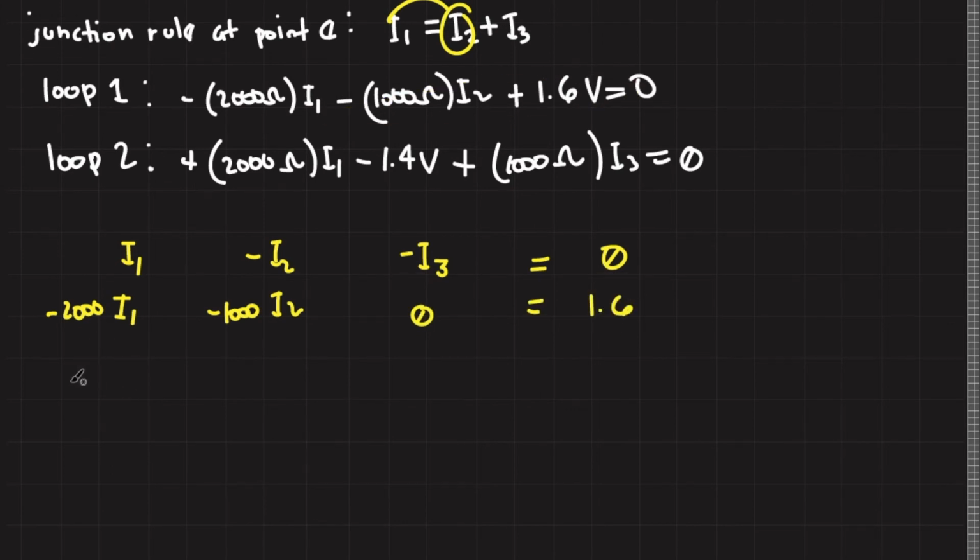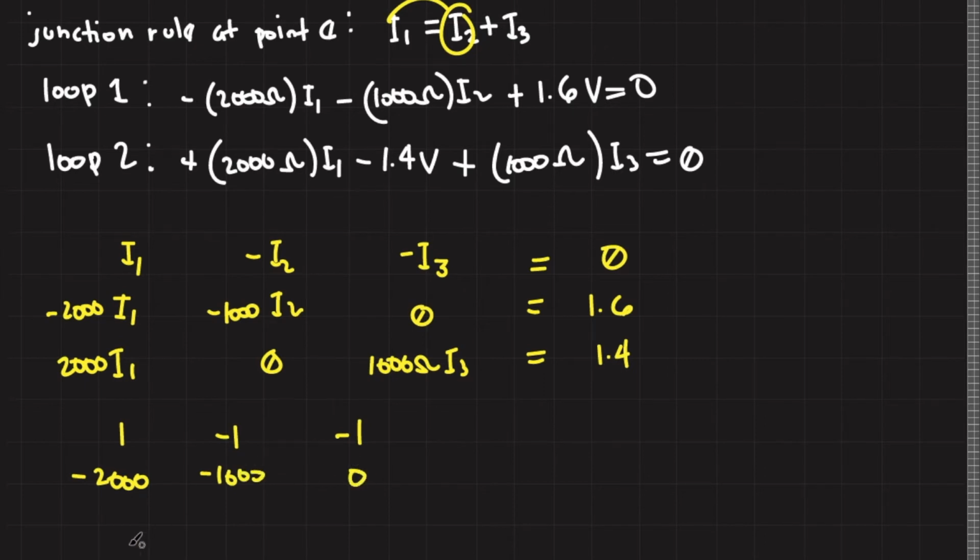For loop 2, we have 2000 ohms times I sub 1. We don't have I sub 2 in this equation, so this is 0. And 1000 ohms times I sub 3. And it is equal to 1.4 volts. I arrange it this way so I can rewrite it in matrix form. So I'll have 1, negative 1, negative 1, negative 2000, negative 1000, 0, 2000, 0, 1000.